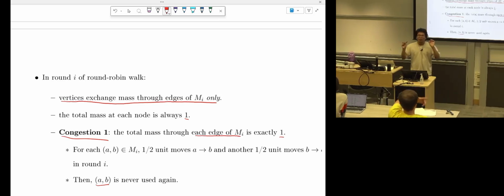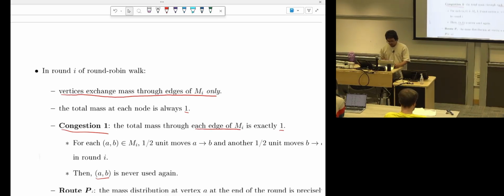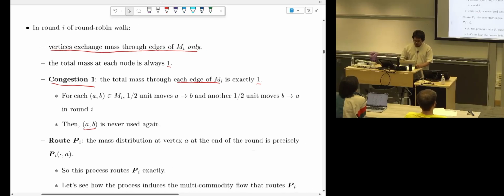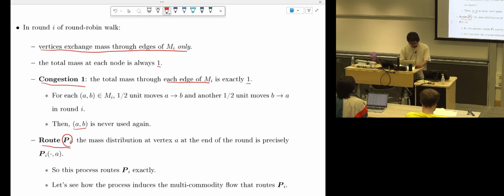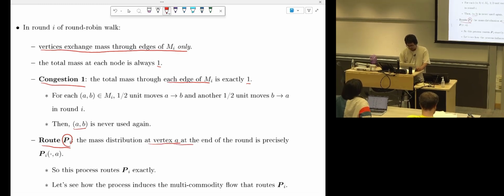So the congestion stays 1 on that edge. Also, I hope you see that this process routes this demand Pi. The mass distribution that ends at vertex A at the end is precisely the column Pi at the column A.